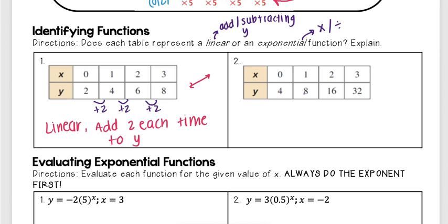To get from 4 to 8, I multiply by 2. 8 to 16, I multiply by 2. 16 to 32, I also multiply by 2. So that means that this one is exponential. My reasoning here is I'm multiplying by 2 each time.